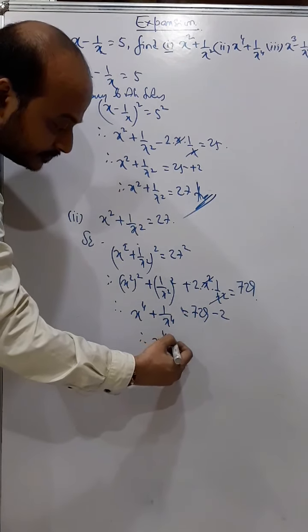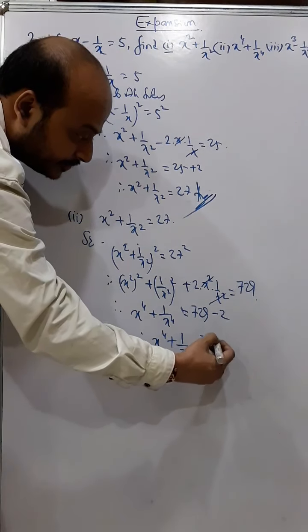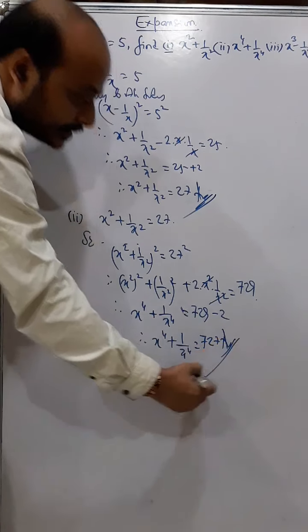Finally we got x4 plus 1 by x4 is equal to 727.